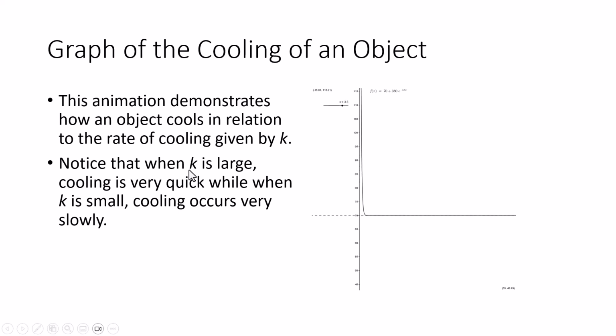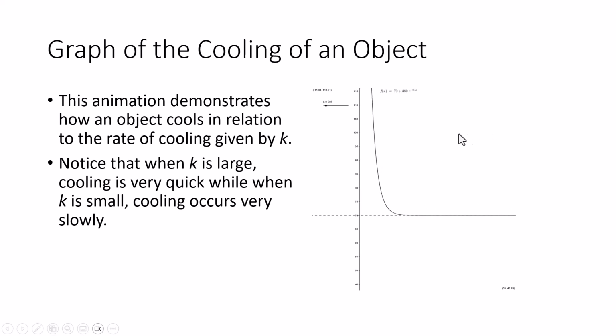So here we can see that as the k value decreases from 3 to 2.7 to 2.4 to 2 and so on, the curve bends a little bit more away from that horizontal asymptote at the temperature of the surroundings.